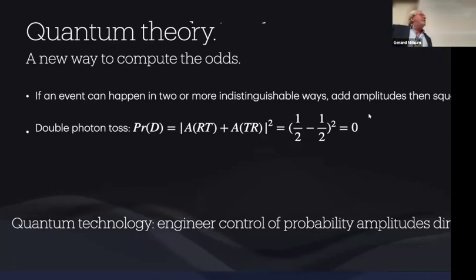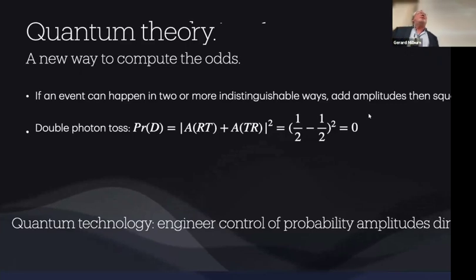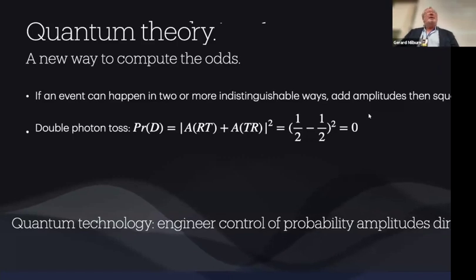So when you add them together, they completely cancel, and the probability to go to the down detector is identically 0 in this case. So that is very strange, but that is the core of why complete certainty and complete uncertainty can coexist in the same quantum state. And the whole business of quantum technology is learning how to control the probability amplitudes in some particular physical setting, like light, photons, or electrons in semiconductors.